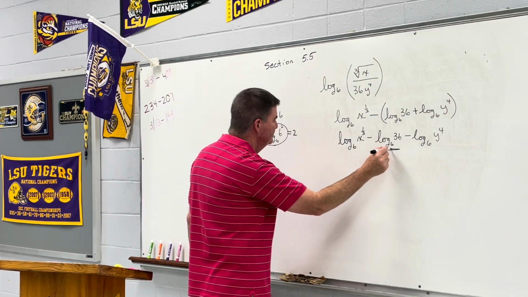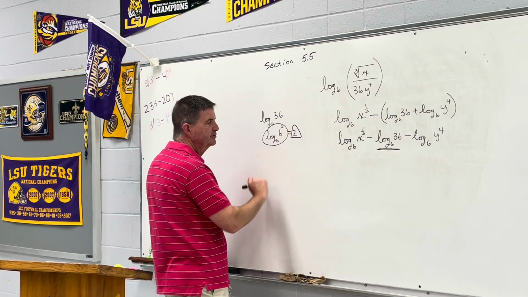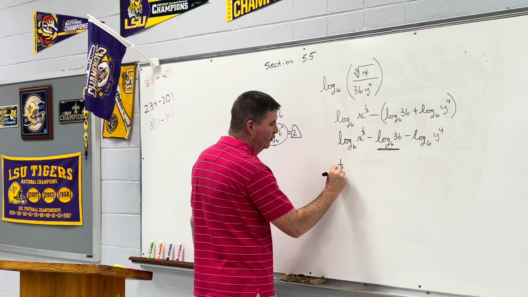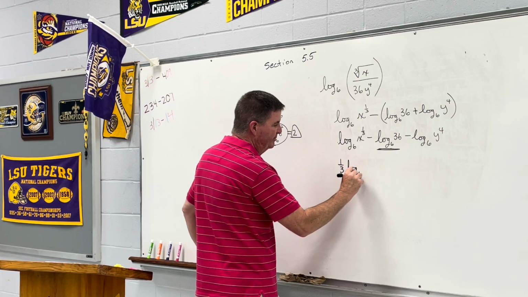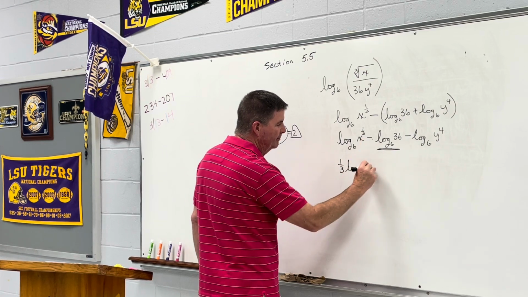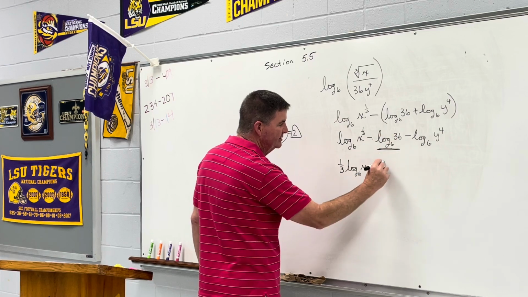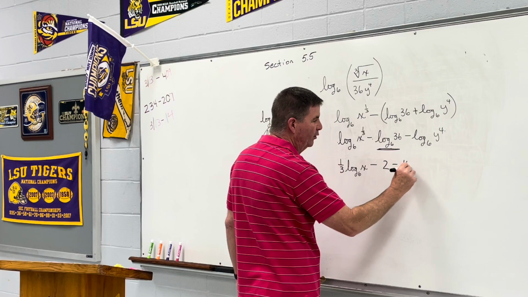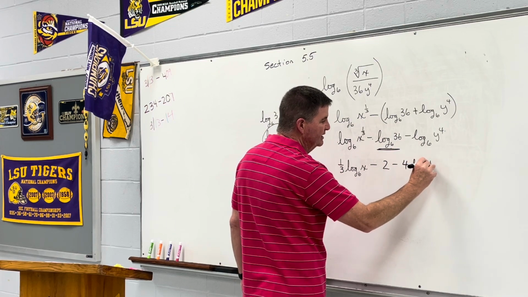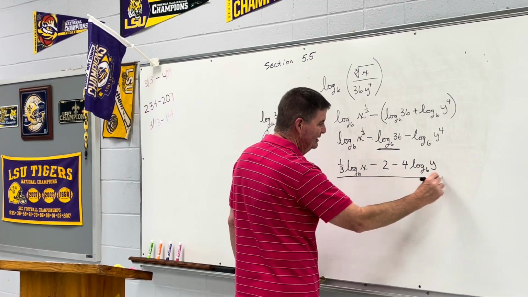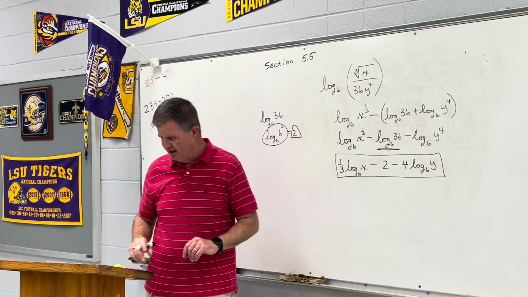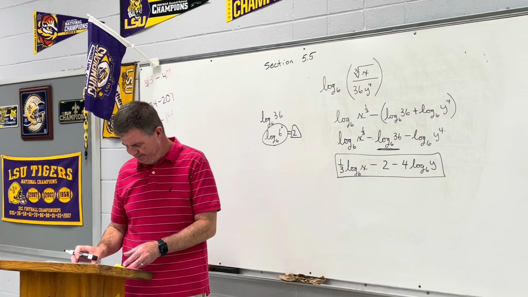So this thing simplifies to the number 2. So I'm going to bring the power rule out front, 1/3 log base 6 of x minus, we said this is 2, minus, I'm going to bring that out front, 4 log base 6 of y. This is the whole thing, putting all of our properties together.